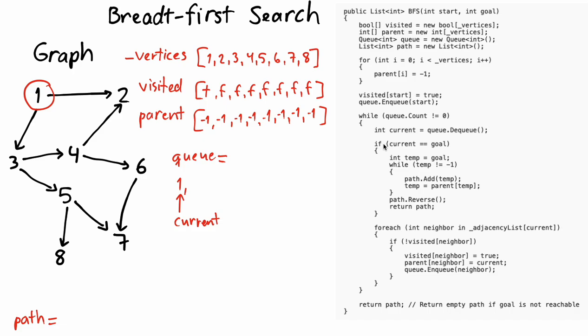And it also pops that value out of the queue, but I don't do that yet. So I keep this number 1 here so that we can check other things. And we check if we have reached our goal, and I can set, for example, that we want to go to number 7.